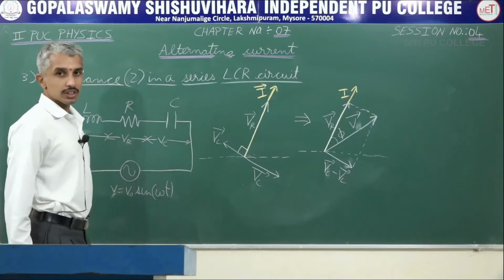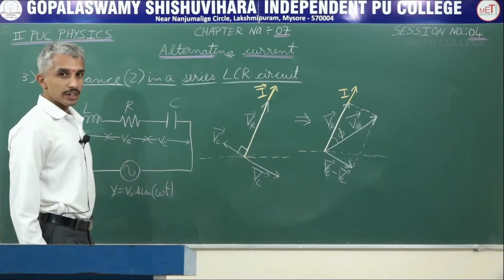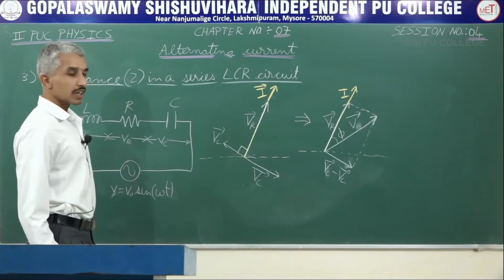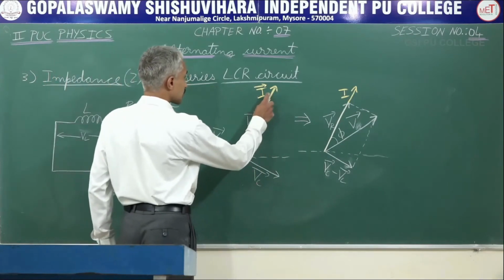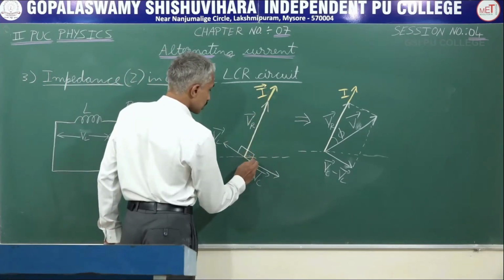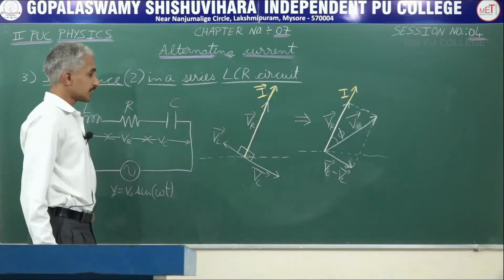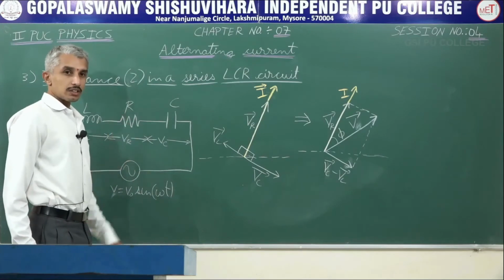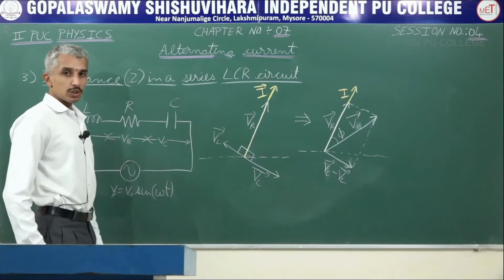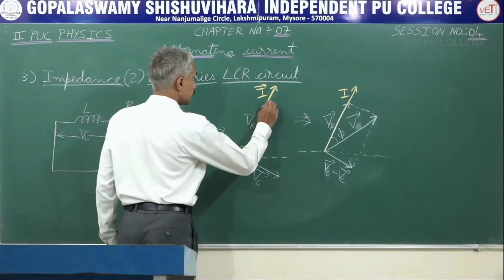Similarly, for a capacitor, the current is given by I is equal to I naught into sine of omega t plus pi by 2, which means for a capacitor the current is leading the voltage by pi by 2 radians or 90 degrees. Whereas for a resistor, the current and the voltage through the resistor would be in phase, they would be together.